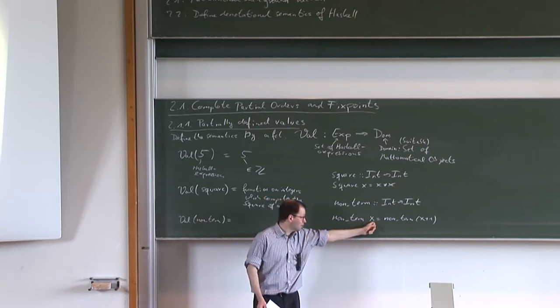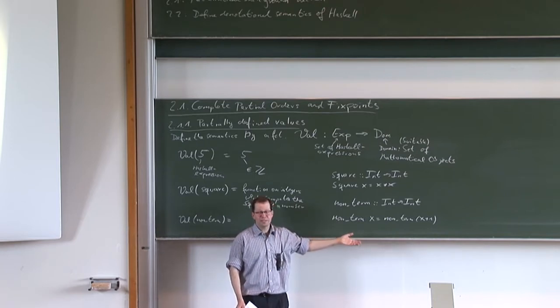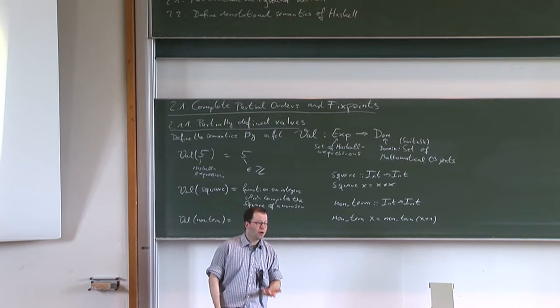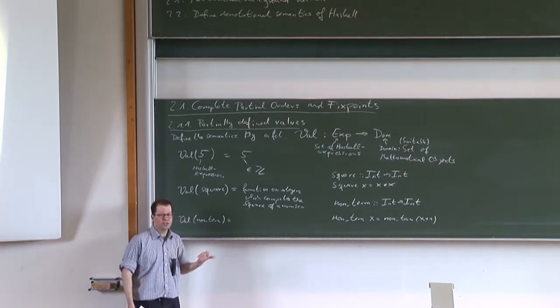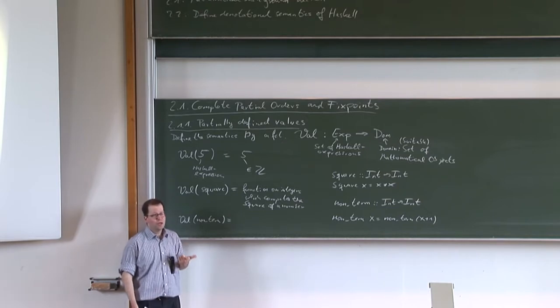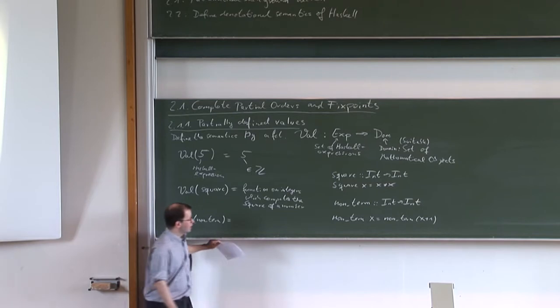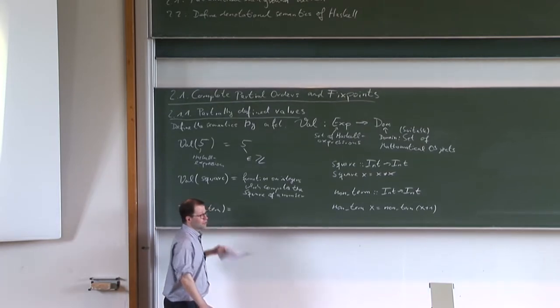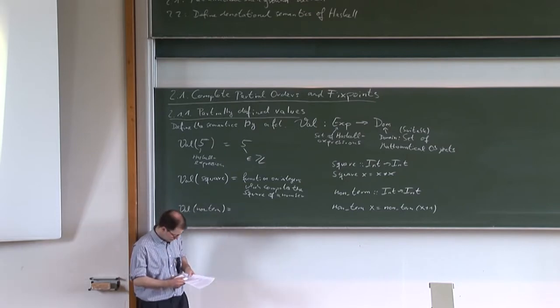No matter what argument you give to non-term, you get no result. The result is undefined. And in order to model this, in our domain it's not sufficient just to have integers and functions on integers, but we also need some way of handling undefinedness. To handle undefinedness, we introduce a special element which stands for undefined.